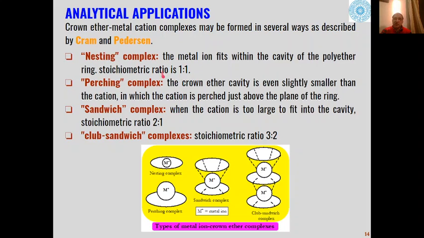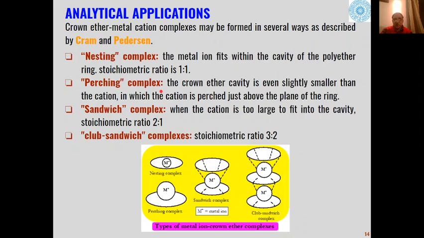Nesting complexes are where the stoichiometric ratio of the crown ether and the metal cation is 1:1, and the metal ion fits within the cavity of the polyether ring in this ratio. One molecule of crown ether, one molecule of cation.